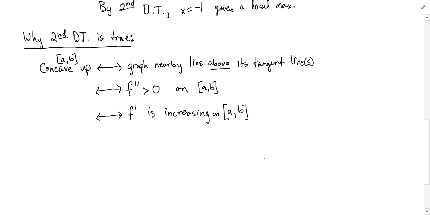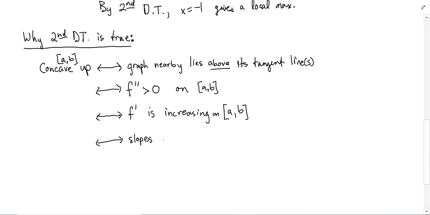All of this is localized, but if we're on a region of the domain where the graph is concave up, then all of these things are telling us the same thing. Now let's think in a little more detail, and I don't think we said this in class on Tuesday. If f prime is increasing, remember what f prime tells us about the shape.